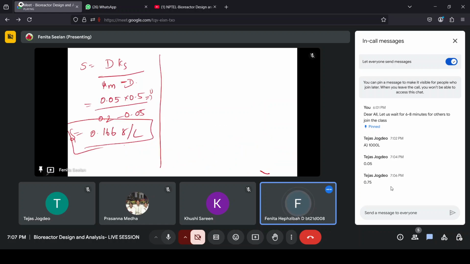This is 0.025 divided by 0.4 minus 0.05.